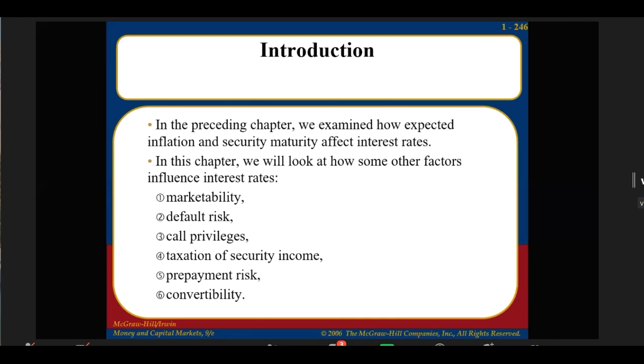Nana Kwesi, form a group of 4. Give each of them 1. Let them come and discuss. So we have the call privilege, taxation, prepayment, and convertibility.